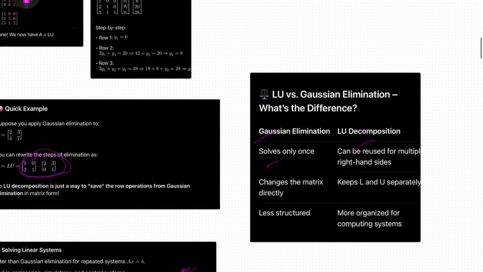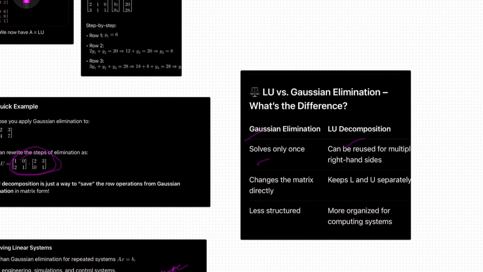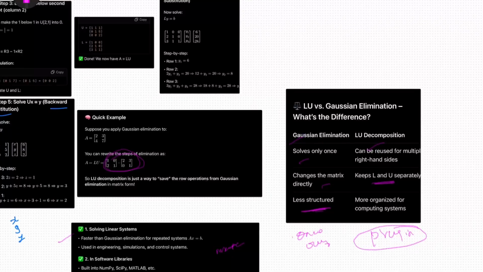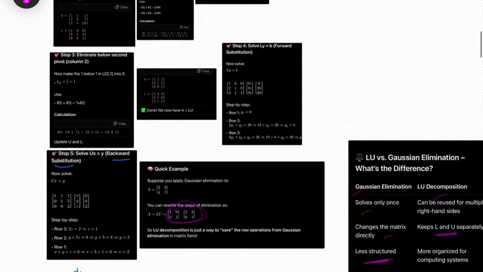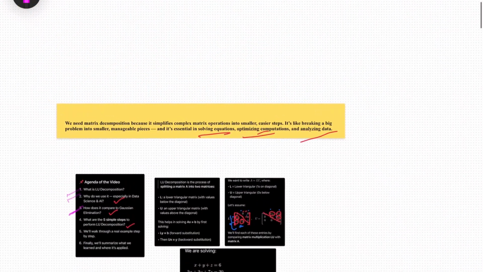Next we have this equation. So we get here 3y1 plus y2, coefficient is 1 for y2 and y3. So y3 is equal to 28.